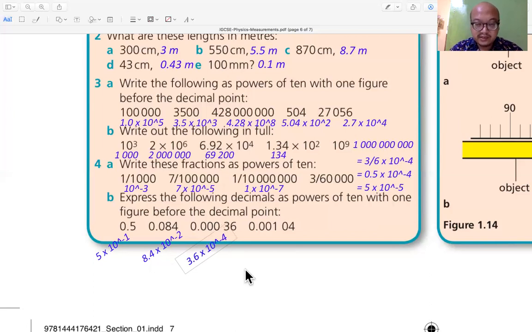Okay, and once more here, same thing, we use 1.04 times 10 power, let me see, 1, 2, 3, so times 10 power minus 3. That's it.